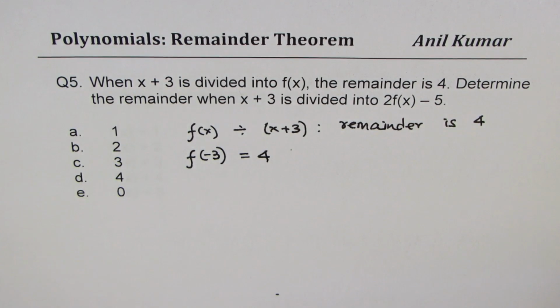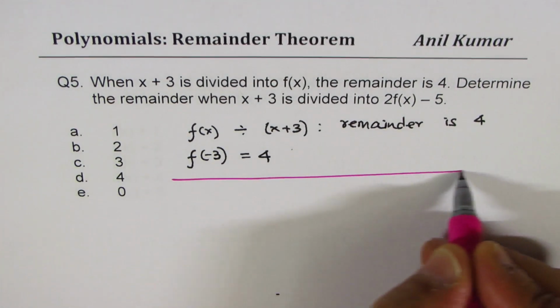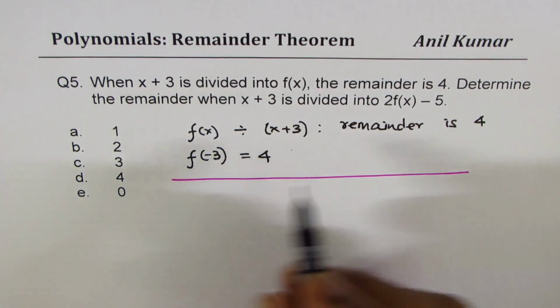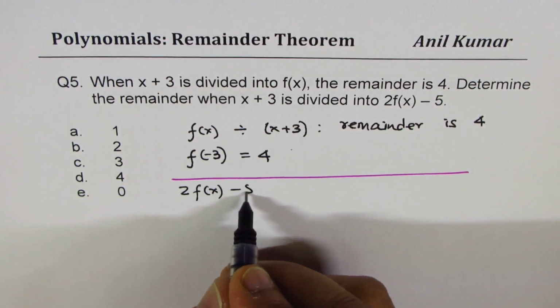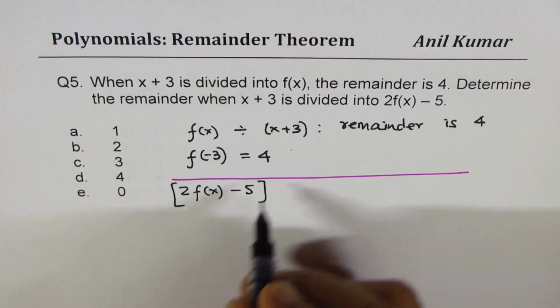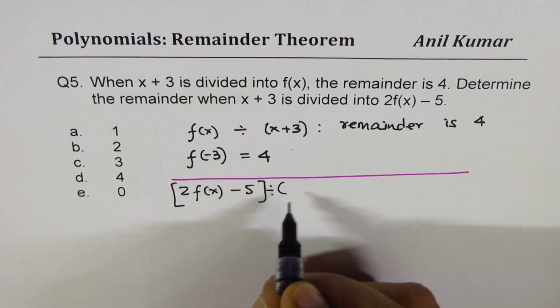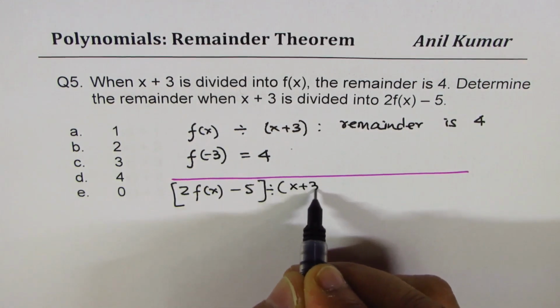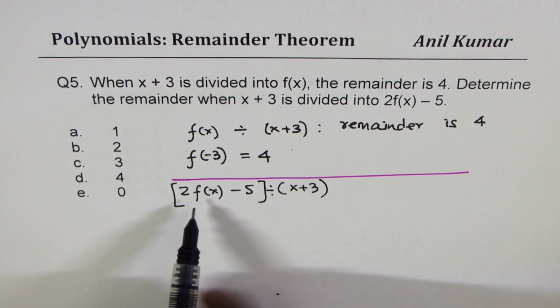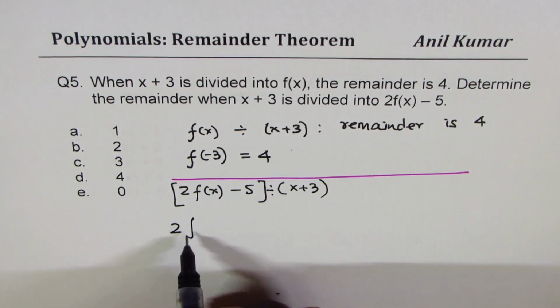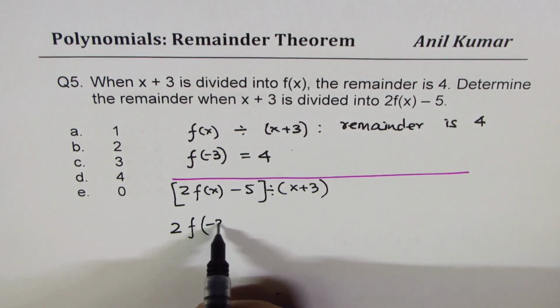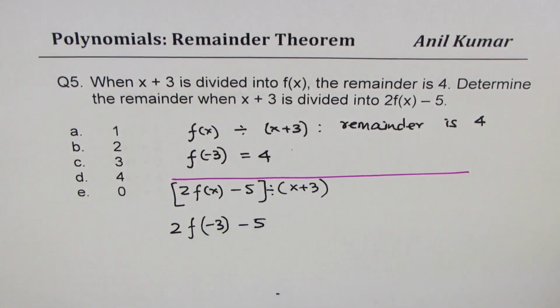Now the question here is, what happens when you divide 2f of x minus 5, everything, by x plus 3? So basically, it should be using the remainder theorem. 2 times f of minus 3 minus 5, correct?